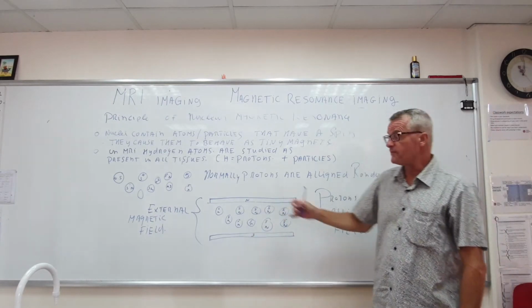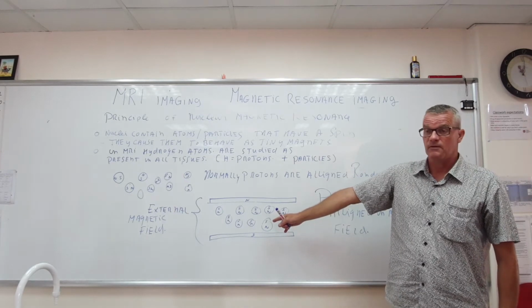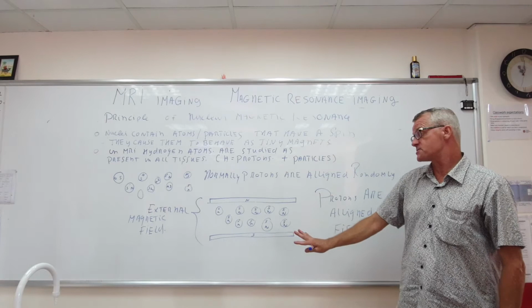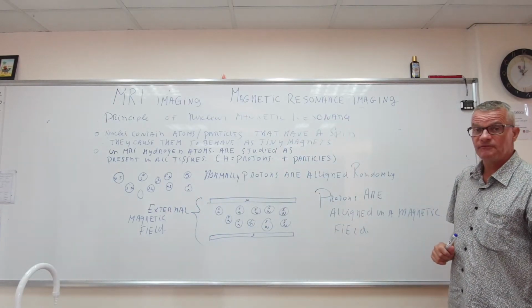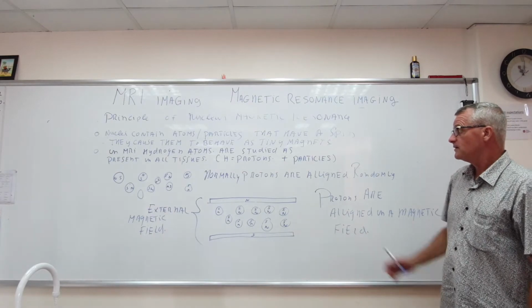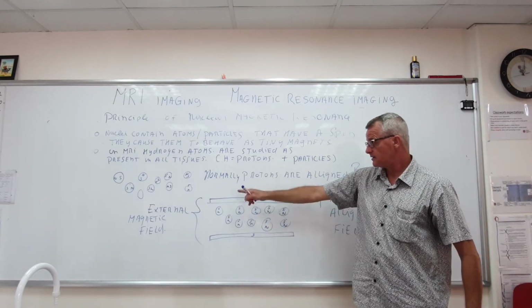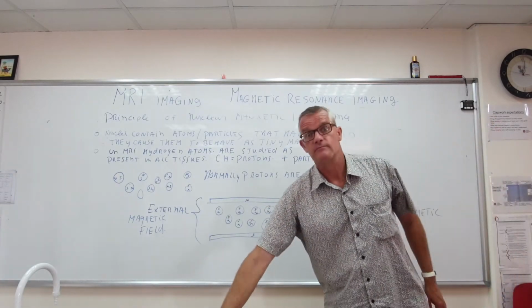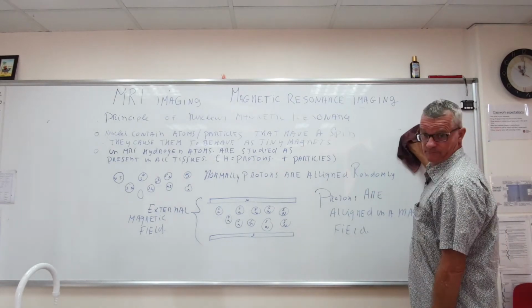However, when we put an external magnetic field over the tissue, which already contains protons in all tissues, then the protons are going to align according to the magnetic field. Okay? Again, I would say pause the video and make some notes.